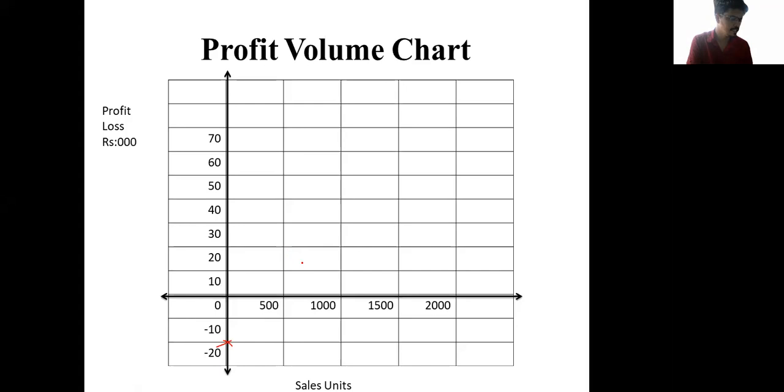Then if capacity level is 1000 units, they may have 20,000 profit. If they produce 2000 units, they may have 60,000 profits. Okay, so let's draft this.